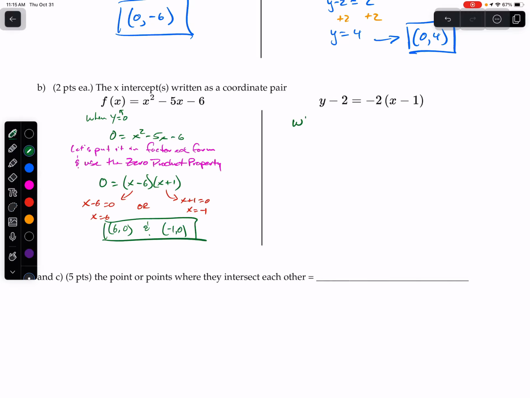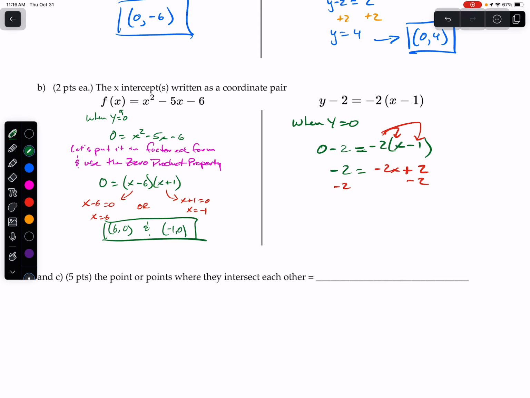So this is also when y equals 0. So we have 0 minus 2 equals negative 2 times x minus 1. So minus 2 equals, and let's distribute here, there, and there. So minus 2x plus 2. Don't forget that's negative times a negative. So let us subtract 2 from both sides.